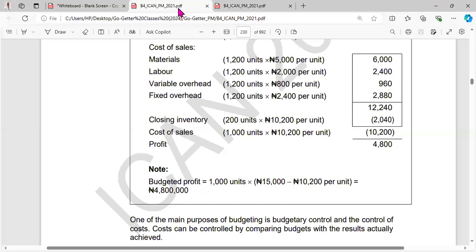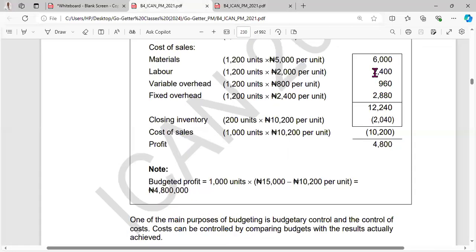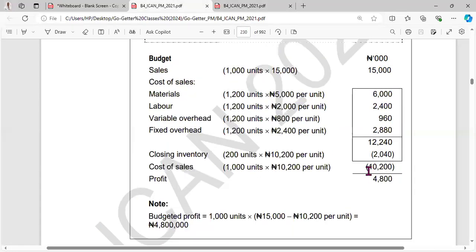Another way of doing this is that you simply take this 15 million, or you can say this 15,000 here, minus 10,200, because 10,200 is this cost.